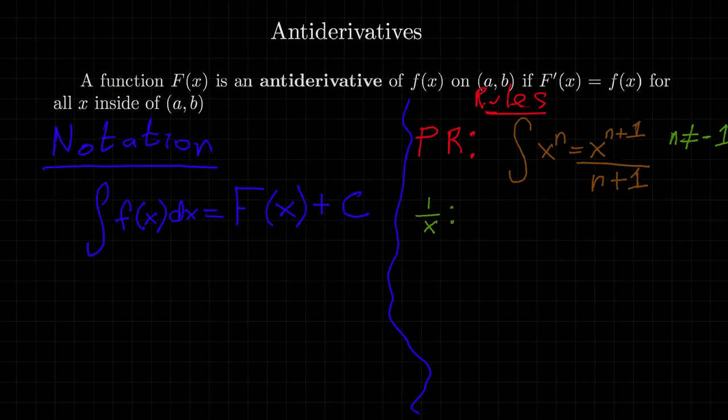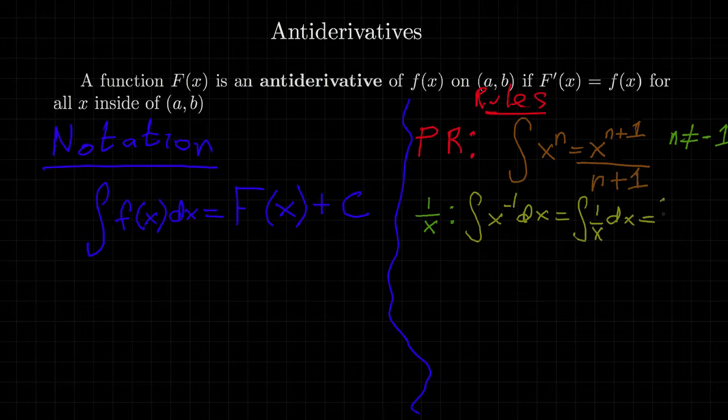Okay, so let me write it down. Let's use the same color. No, slightly different. Okay, so the integral of x to the -1 dx, or the integral of 1 over x dx, is simply, well, you're looking for the function that when you get the derivative of it, it equals 1 over x.